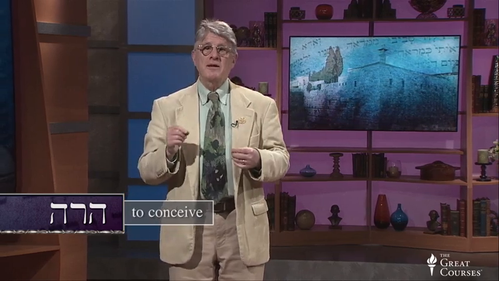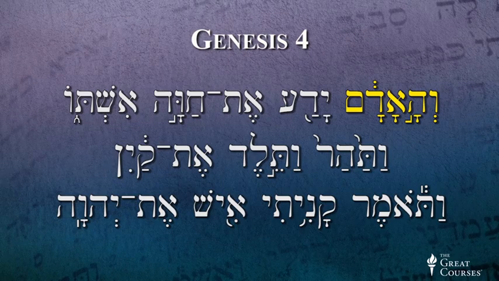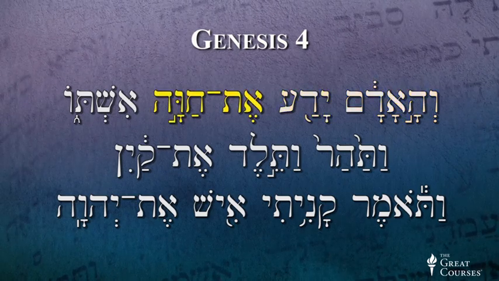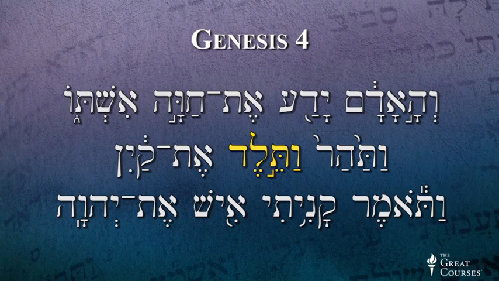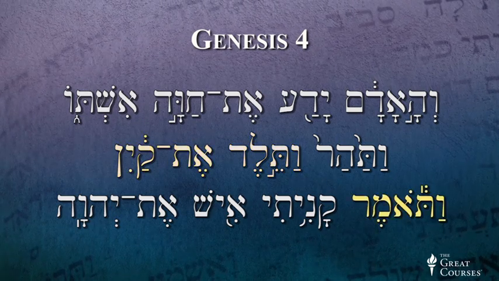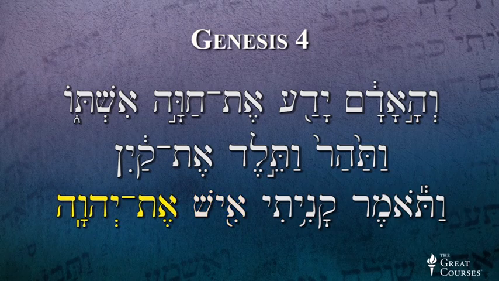To finish up today, let's have a look at the beginning of Genesis 4. I promised you a look at the word kaniti, and here it is. V'ha'adam yada et Chava ishto, vatahar vateled et Kain, vatomer kaniti ish et Adonai.